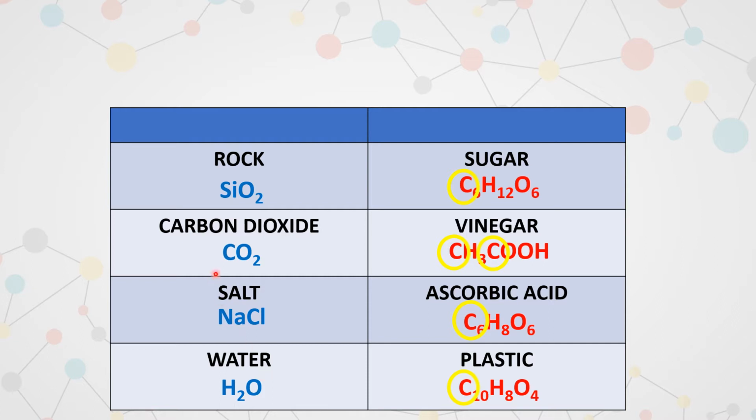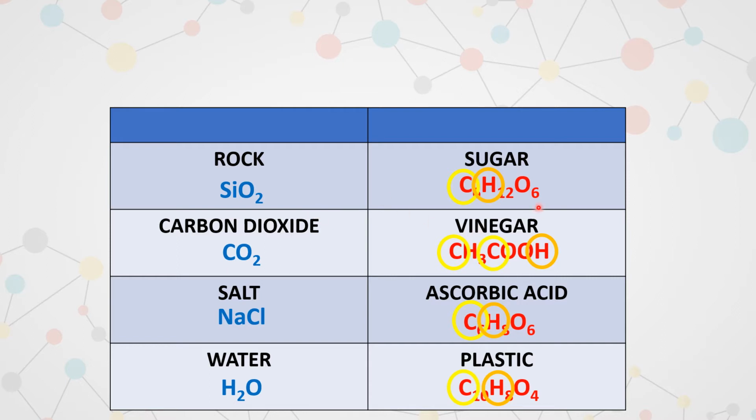But why is it that carbon dioxide is not considered to be an organic compound? Because it doesn't have another element. Aside from carbon, it should have hydrogen. So carbon dioxide, because it doesn't have hydrogen, although it is composed of carbon, is not considered to be an organic compound.